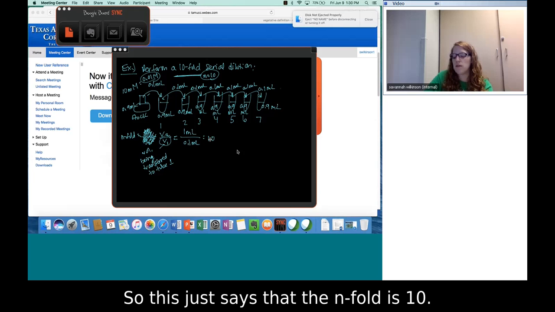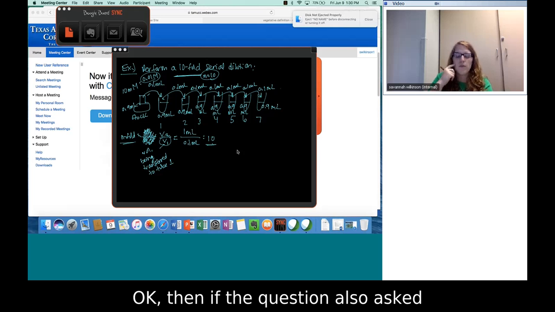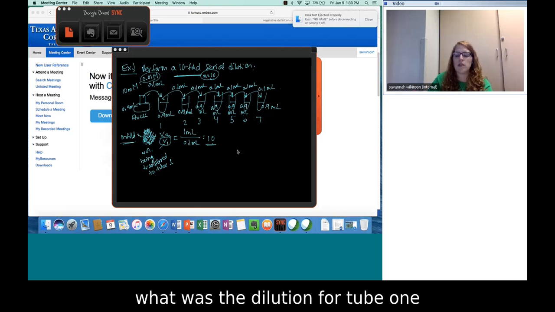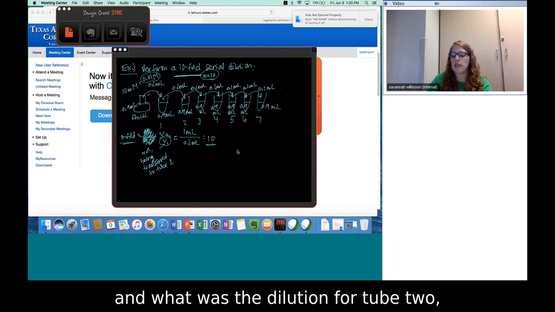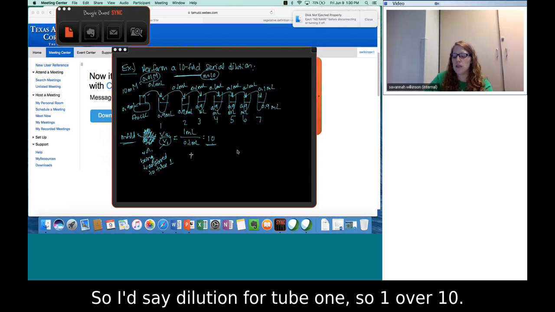So this just said that the n-fold is 10. So that does match up with what the question did say. Okay. Then if the question also asked, what was the dilution for tube 1 or what was the dilution for tube 2, then all you have to do is just take the reciprocal of 10.